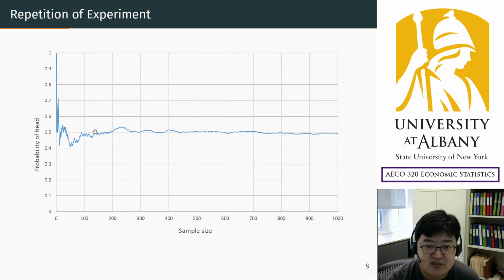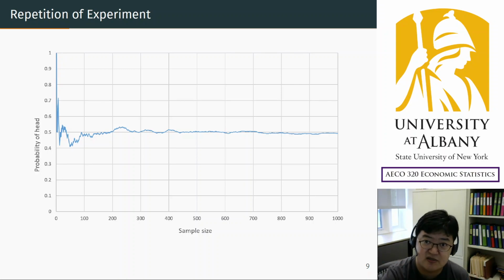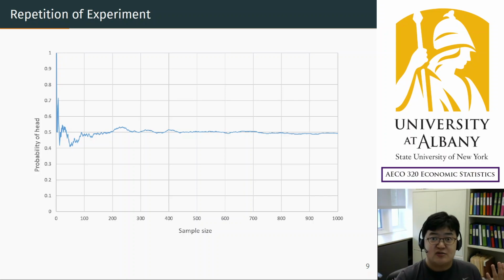But after a certain number of repetitions, the error is pretty small. So what you can see here is the importance of sample size. As the sample size increases, your analysis will become more accurate, as you can see.